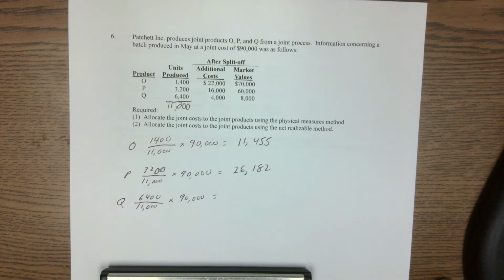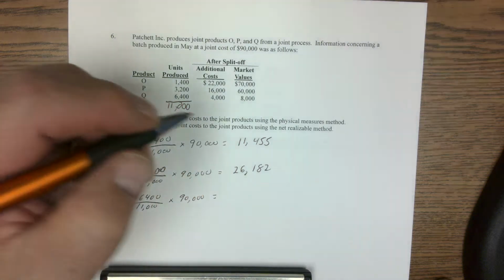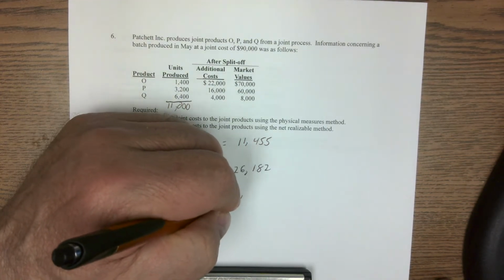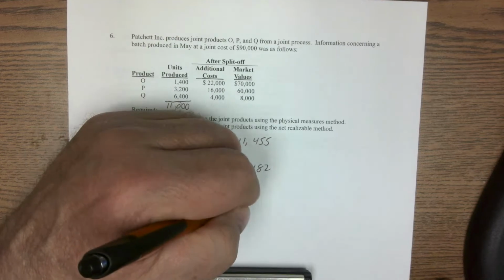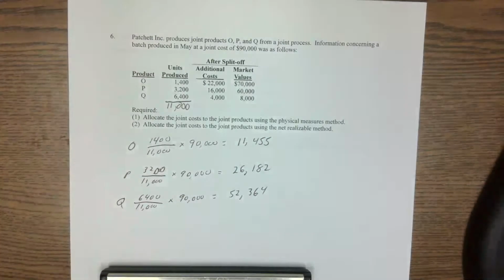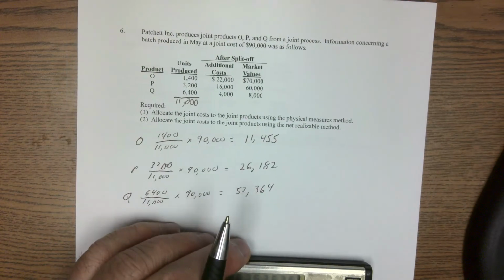And finally, Q, with 6,400, is 52,364, and the total should be 90,000, and it is. That's good.